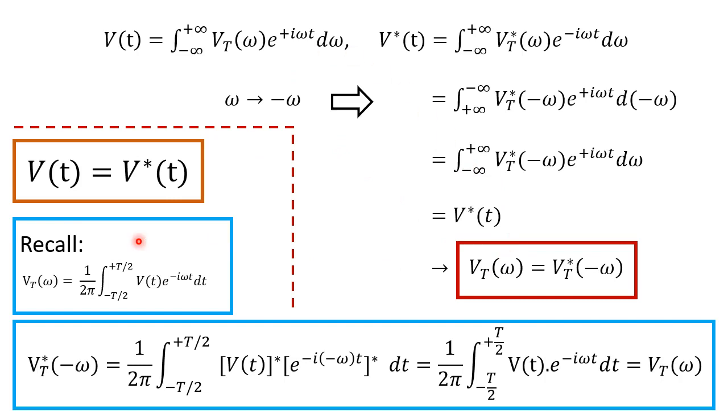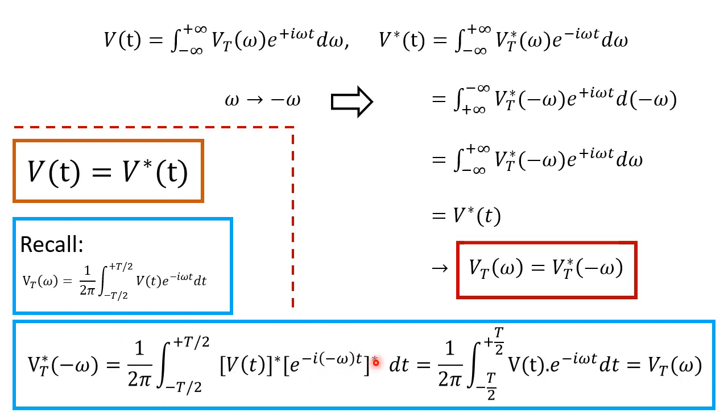Now, you can do it another way, which is to simply take the definition of Vt omega and look at the quantity Vt star. So you take the star of everything, and you also make the transformation of omega going to minus omega, and you see that you will get the following form. I have taken Vt and taken the star of it.